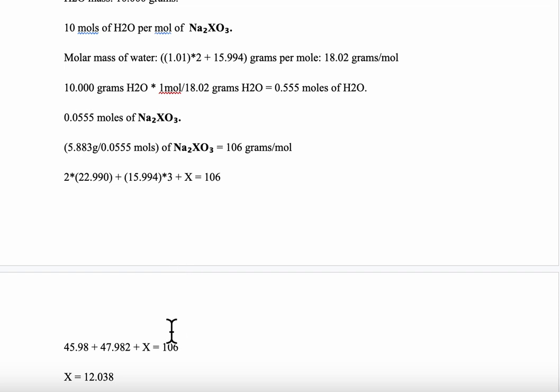While it's not perfectly exact, it's very close to the atomic mass of carbon, and thus we can conclude that the element X is carbon.